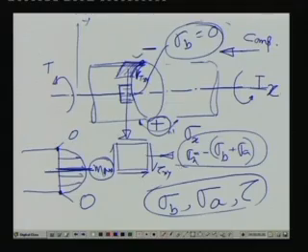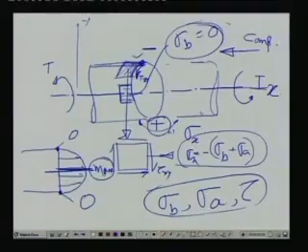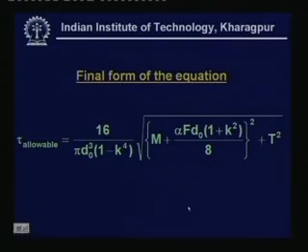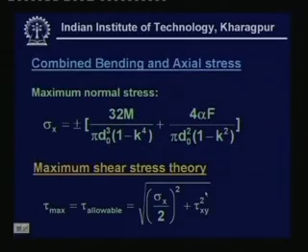So, here by this figure we can see how the summation of stresses is being taken into account. So, we go back to our earlier slides. So, we can see these are the ideas for the maximum normal stress.